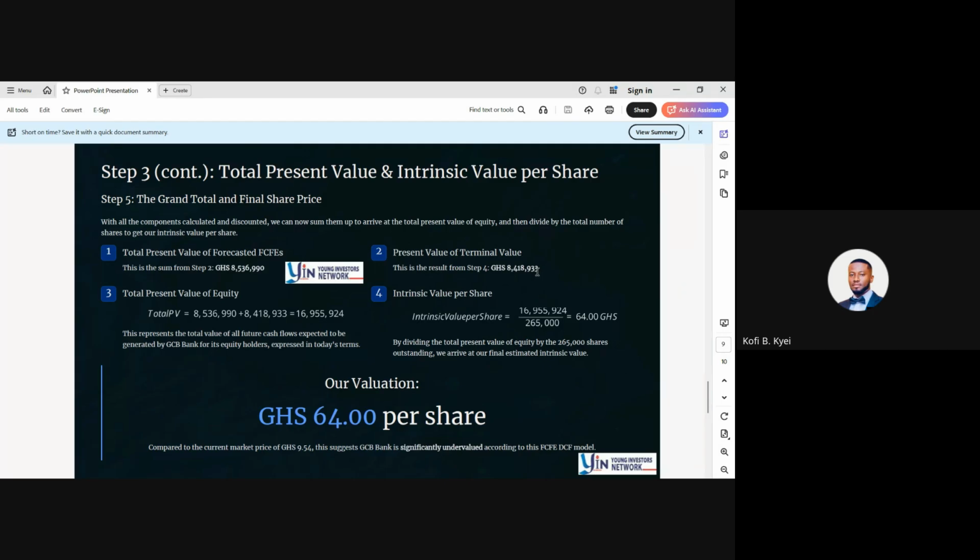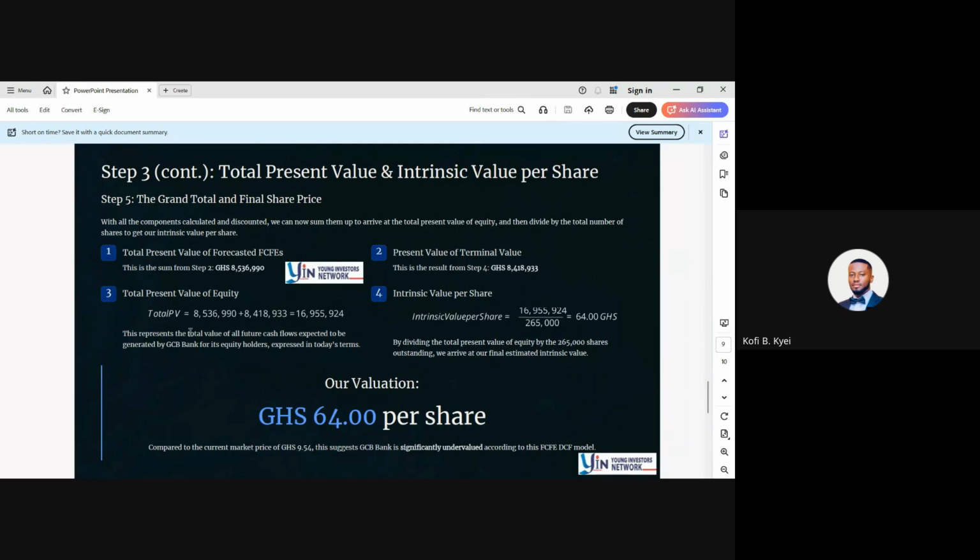The next step is to put these two present value figures together: the present value of all the future cash flows plus the present value of the perpetuity. You put the two together and you get 16,955,924. This is the total present value.